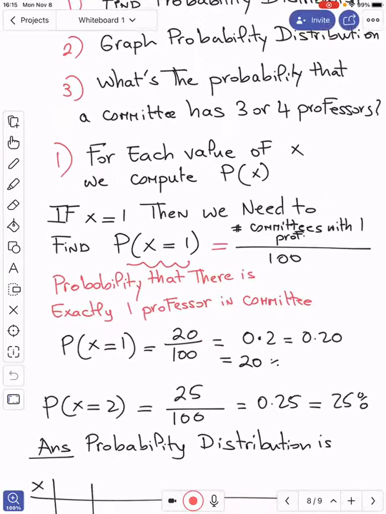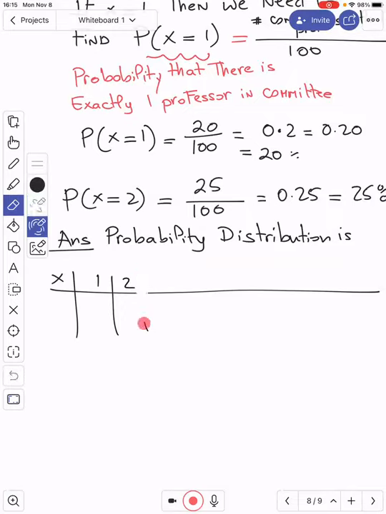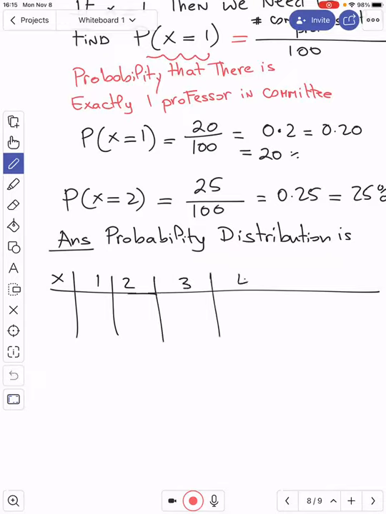So from 1 to 5. Probably need more space here, sorry about that. And to each value of X, I'm going to assign a probability, P of X.